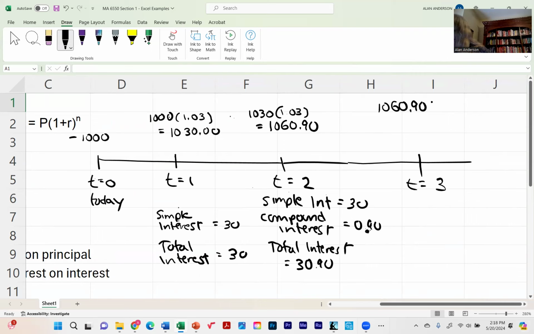the balance is now approximately 1092.73.